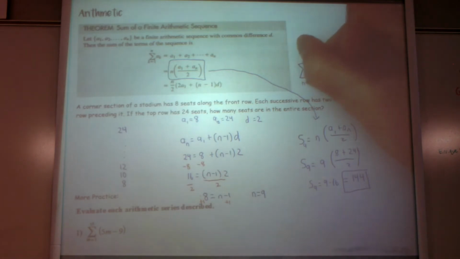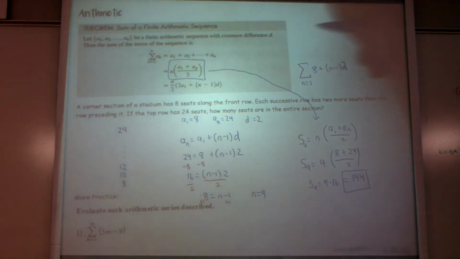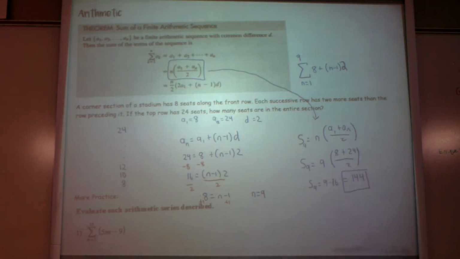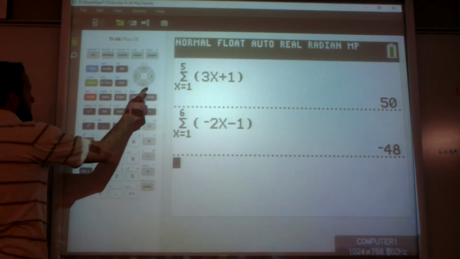Now we started with n equaling 1, and how many total rows did we get to? There was 9. So now I'm going to plug this into my calculator here, and if you want, you can simplify, distribute the 2 to the n minus 1 and then add that with the 8, but you can also plug it in like this. So let's see if I can get this to work, okay? So I'm going to go to math, up.